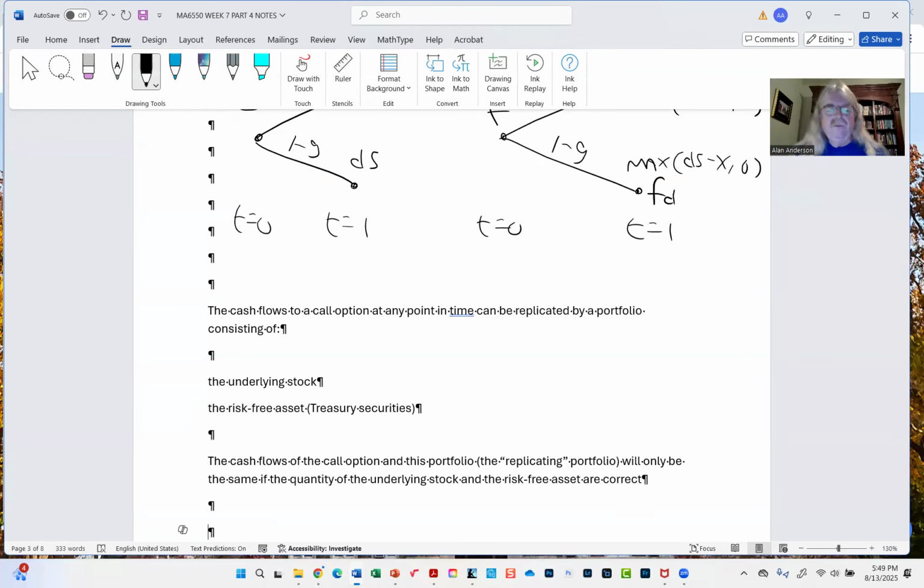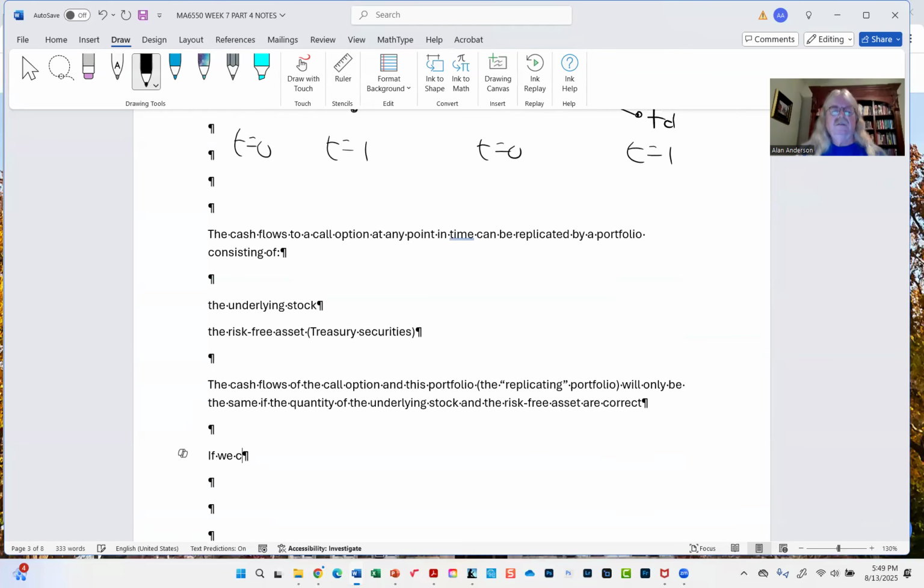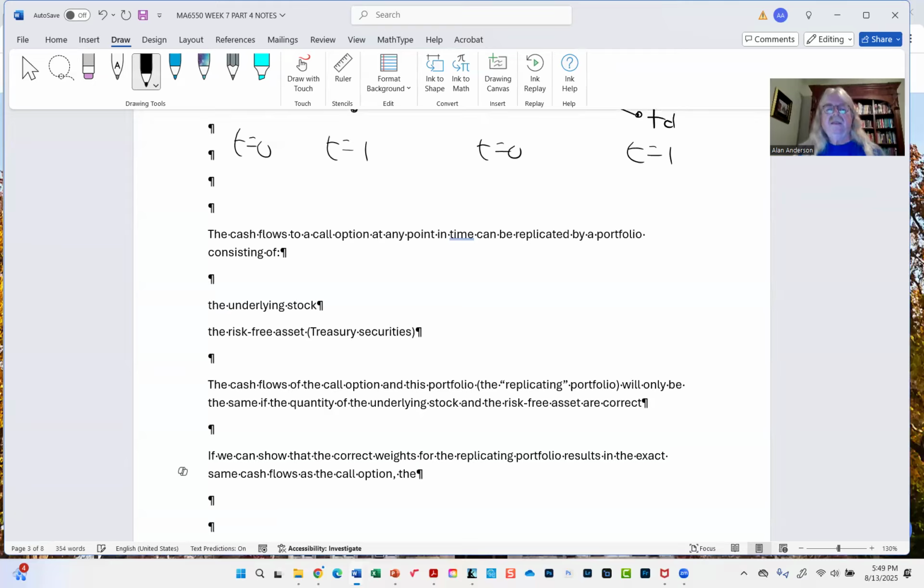And why does that matter? So if we can show that the correct weightings of the replicating portfolio result in the exact same cash flows as the call option, it must be true that today, the price of the call equals the price of the replicating portfolio.